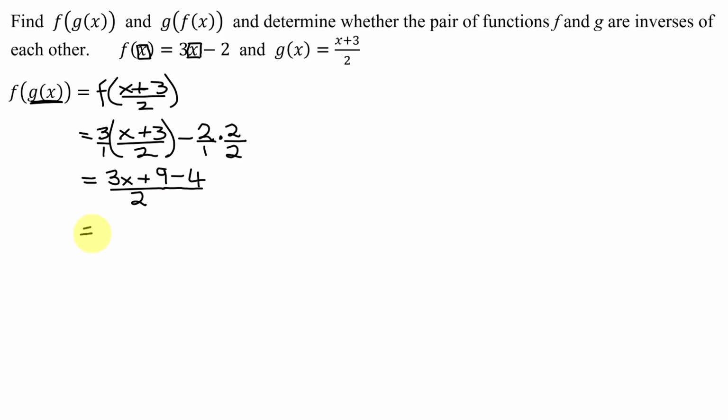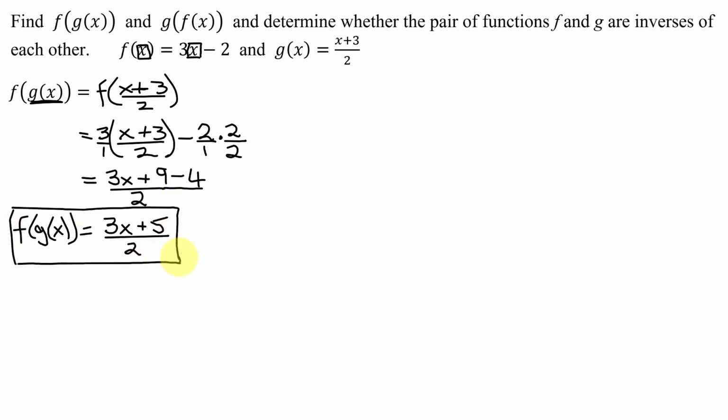So now simplifying this expression, I get 3x and then 9 minus 4 is positive 5. So I get (3x plus 5) over 2. So f composed with g of x is equal to (3x plus 5) divided by 2.